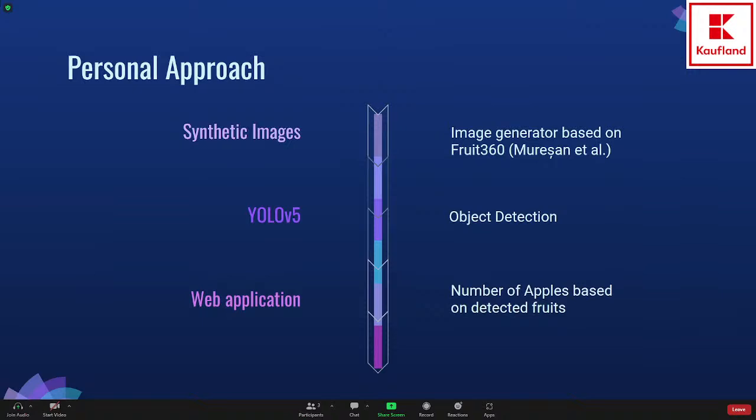We're going to see in a few moments more details about how the images are generated and how they are used for training the YOLO V5 model, which, as you probably know, is a single-shot detector with really good performance in our case, even though we talk about images or video processing. The web application is built as a web interface, which allows us to do the steps presented before.